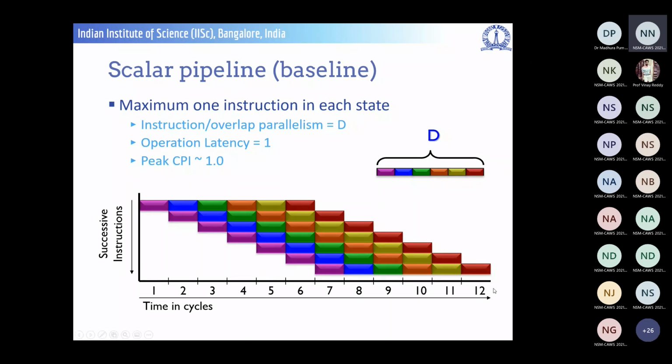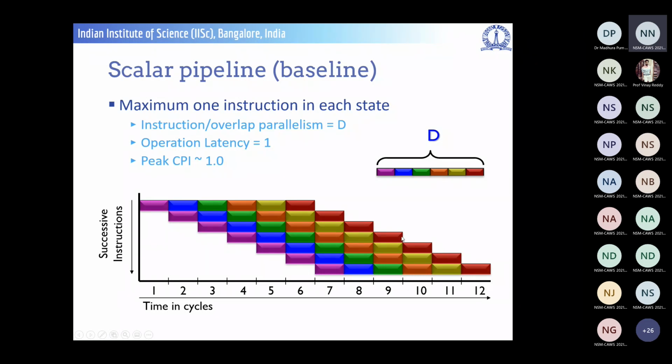On the x-axis is time, and this is the stream of instructions that is coming. These different colored boxes represent different stages of the pipeline. In this example, there are 6 stages in the pipeline, each colored differently, and the depth of the pipeline is D. D equals 6 in this picture.